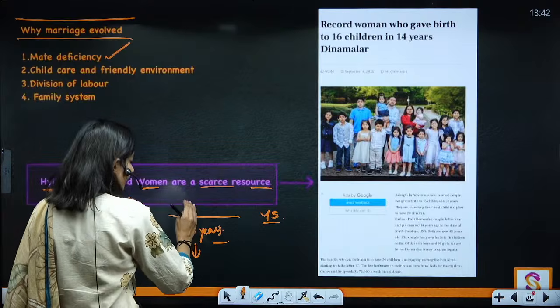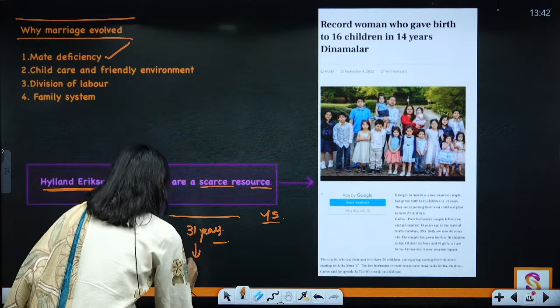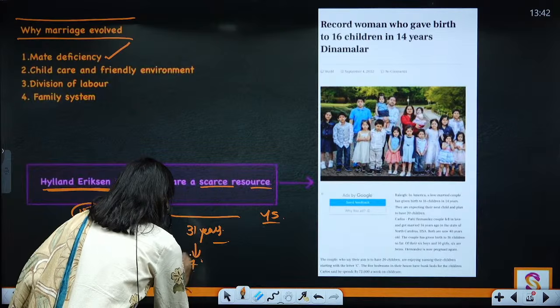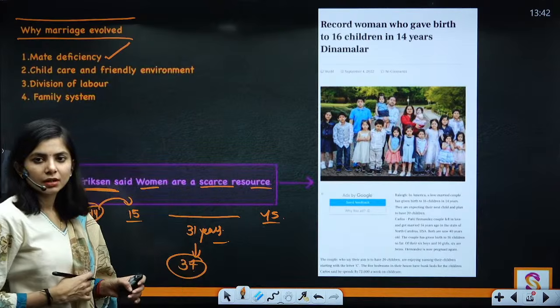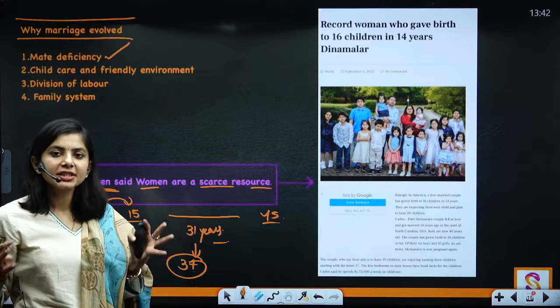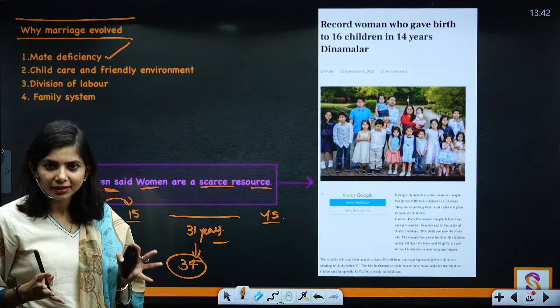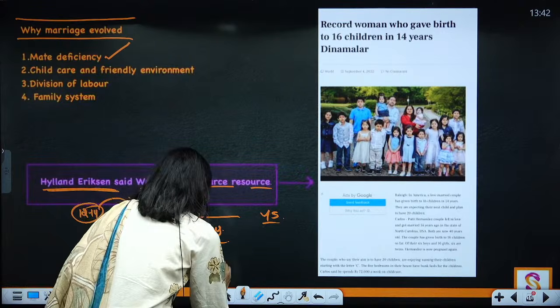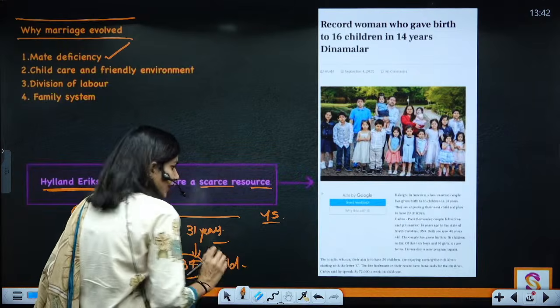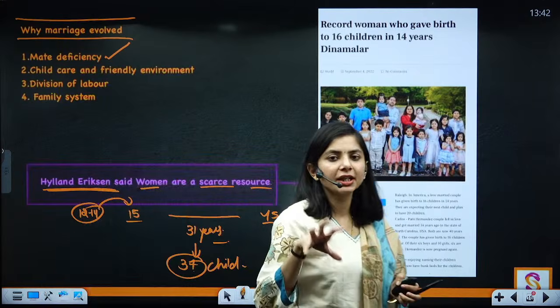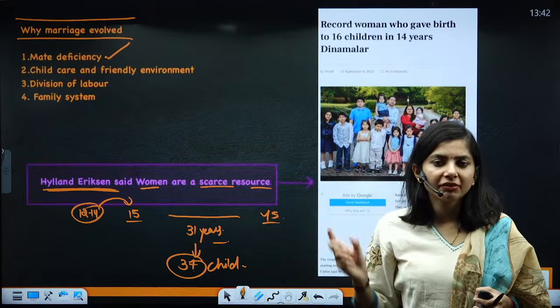That's how in 31 years of reproductive age she can only give birth to about 37 children. It means that women are a scarce resource. She has a limited reproductive age and limited reproductive capacity.